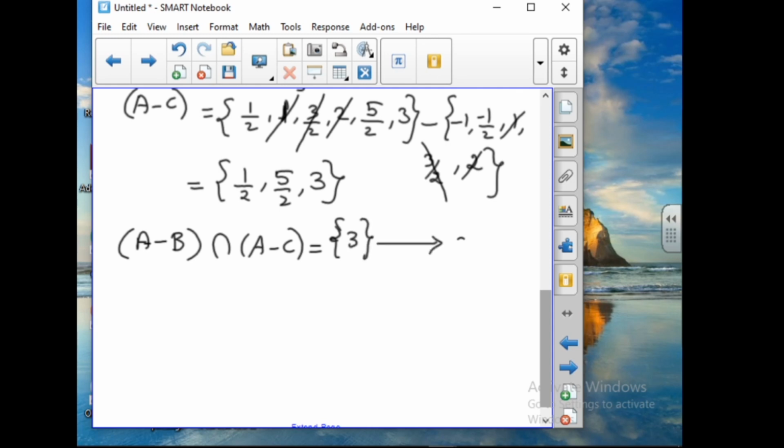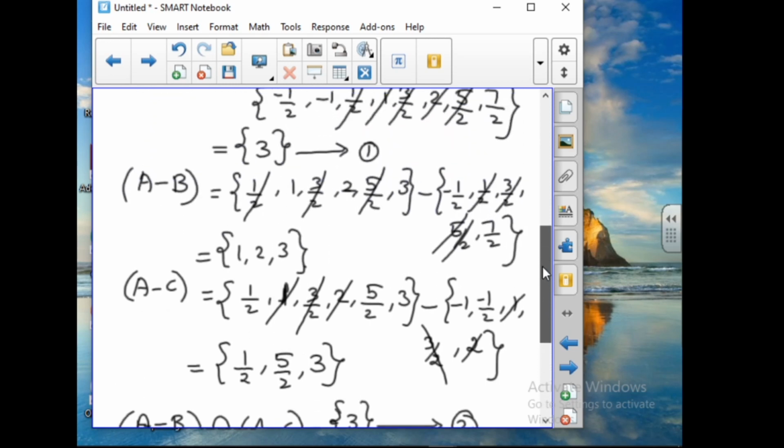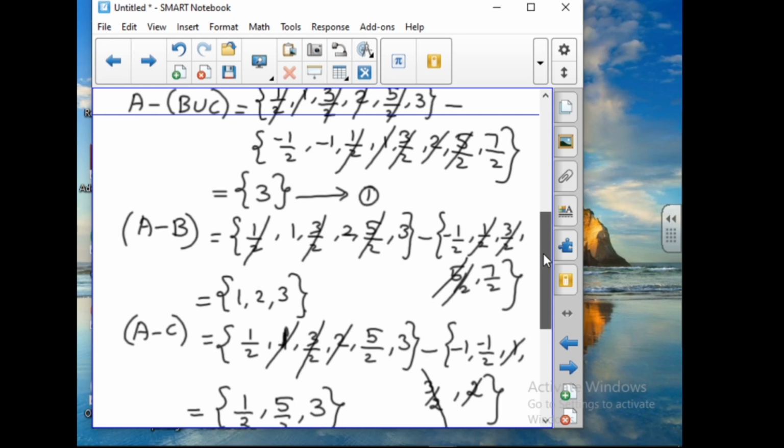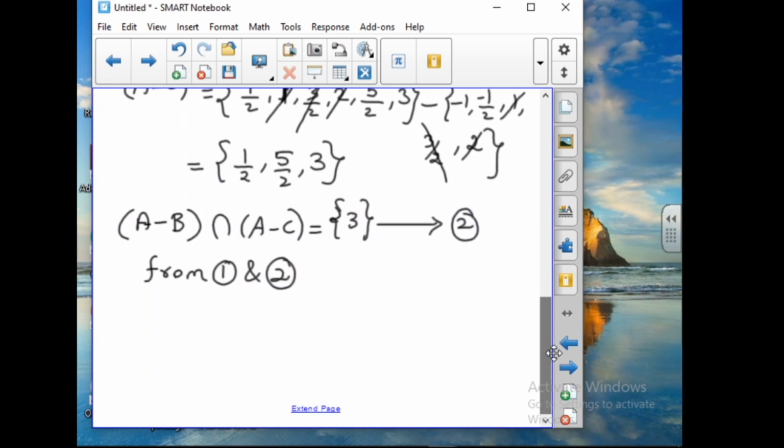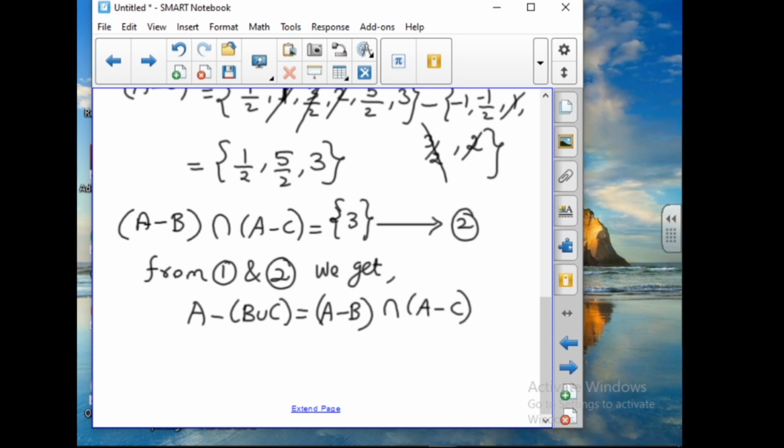So this is equation number 2. From 1 and 2, see the first equation, you get only 3, that is A difference (B union C). Then (A difference B) intersection (A difference C) also you get 3. So from 1 and 2 we get A difference (B union C) is equal to (A difference B) intersection (A difference C). Hence true.